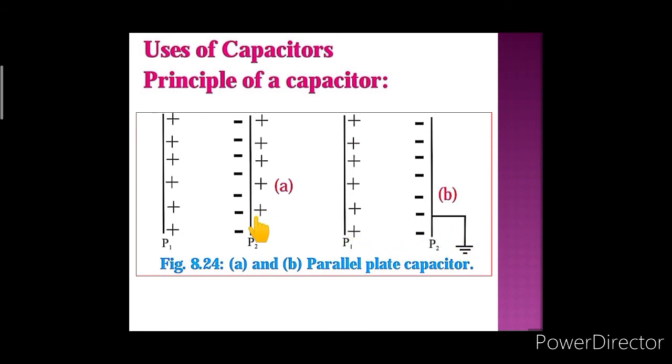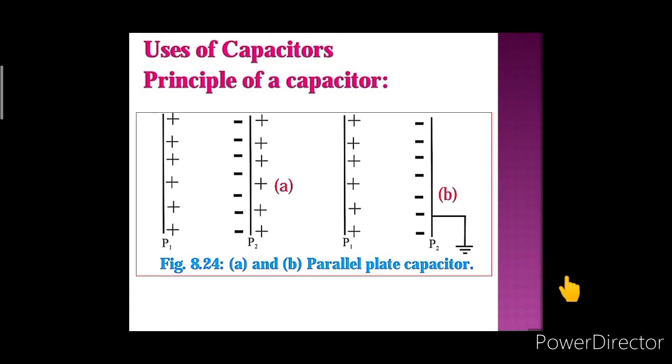So here, using figure A, we get the capacity C1 as Q upon V, and by the arrangement shown in figure B, we get the capacity C2 as Q upon V minus V1, and hence we get C2 greater than C1. That means the capacity of the metal plate P1 is increased by placing an identical earth connected metal plate P2 near it.